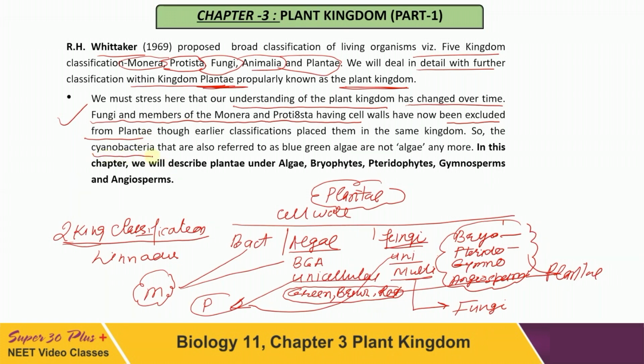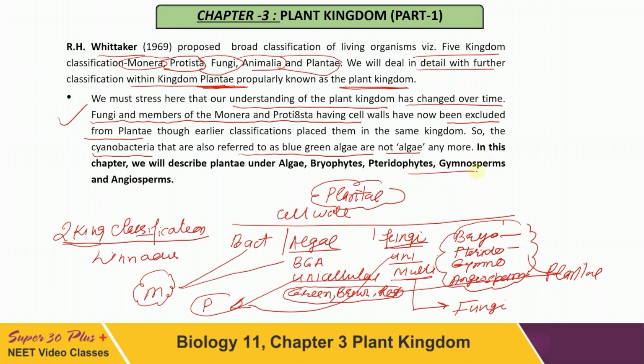Cyanobacteria, also referred to as blue-green algae, are not algae now, as they have been kept in kingdom Monera. So before we proceed further, this must be clear to you. In this chapter, we have to discuss kingdom Plantae.